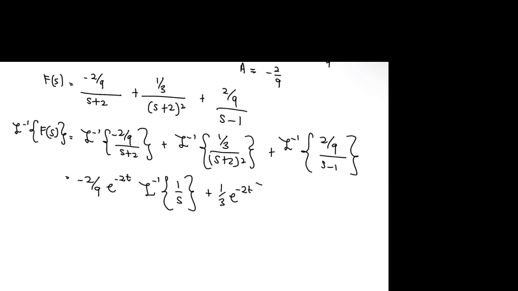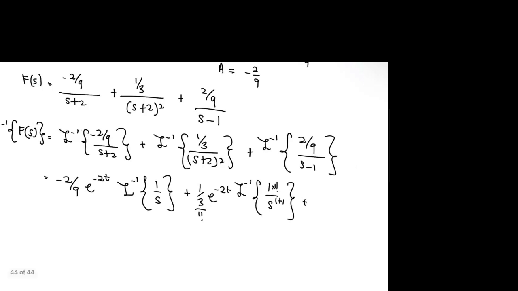Then you have here 1 over S square. S square is 1 plus 1, so here should be 1 factorial. So here divide by 1 factorial, which doesn't change anything because it's divide by 1.